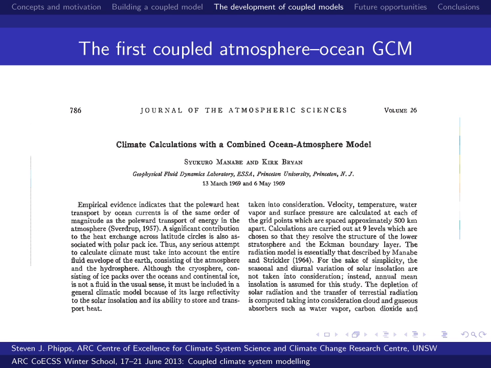And there's this amazing paper by Suki Manabe and Kirk Bryan. This guy, as you'll learn in the next few minutes, was absolutely the founding father of coupled climate system modelling. For the first 20, 30 years, he was absolutely at the forefront every step of the way. And in fact, the group he founded in the US, the GFDL, is still, even to this day, at the forefront of coupled climate system modelling.